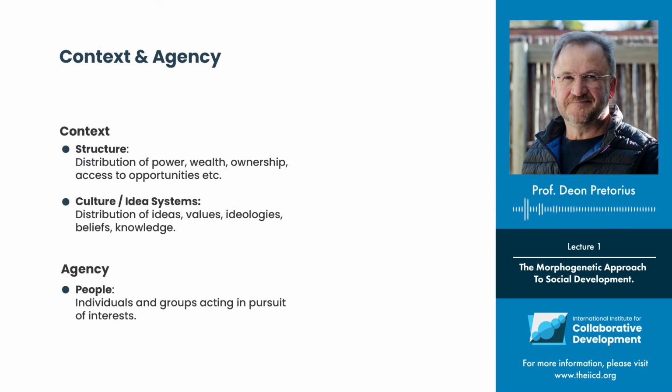On the other hand, agency refers to people in the sense of individuals and groups of people acting in pursuit of interests in specific contexts. To explain how societal, and that means systemic, change occurs, one needs to analyze the relationship of the morphing of context and agency.